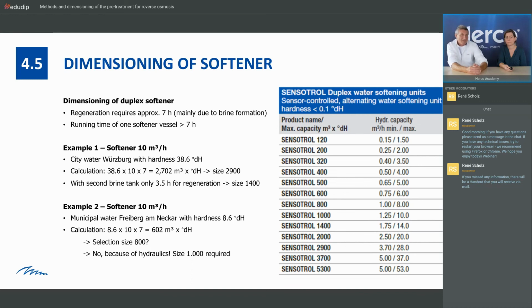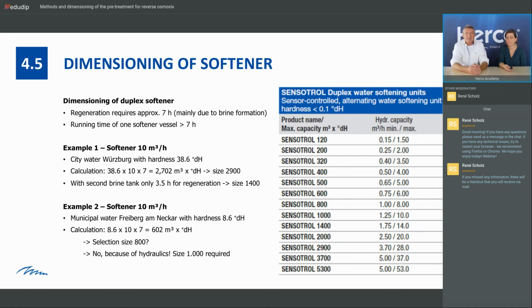The other example shows you one speciality. If the water has a very low hardness, as we have here in Freiberg at our site, with a hardness of 8.6 degrees German hardness, we have the same calculation, which leads to 602.